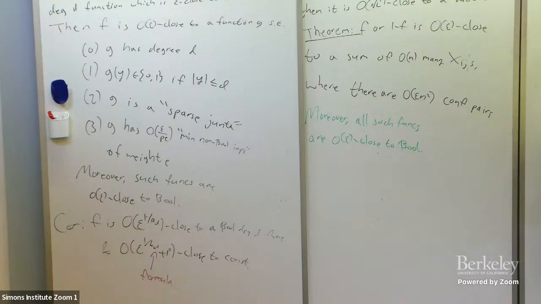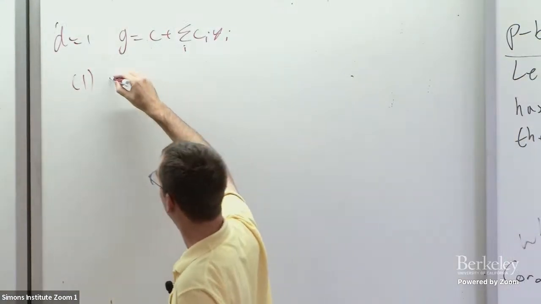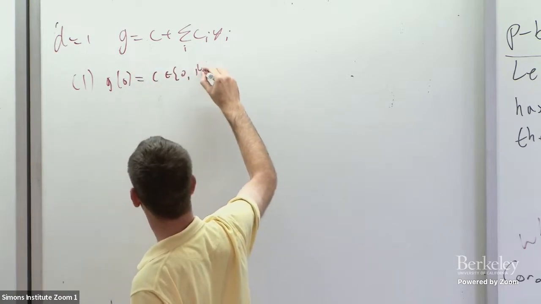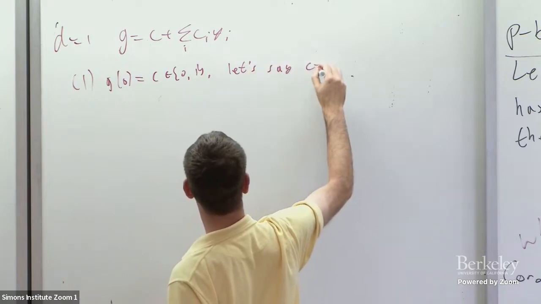So condition 1: let's say that G is C plus the sum of C_i Y_i. So what does condition 1 say? So G of 0 is just C. So this has to be in {0,1}. Let's say C equal to 0.